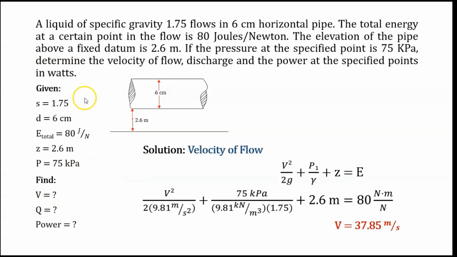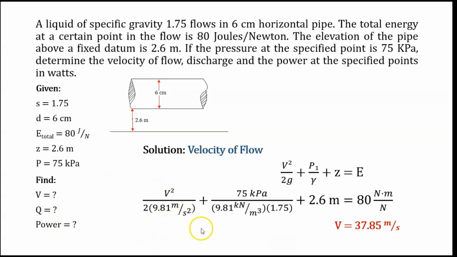So, plugging in the given values into our equation, we will now have v squared all over 2 multiplied by 9.81 meters per second squared as our acceleration due to gravity, plus 75 kilopascals all over the specific weight of our liquid, which we can get by multiplying the specific weight of water, 9.81 kilonewton per cubic meter, by the specific gravity 1.75, plus 2.6 meters as the elevation of our pipe above the datum, is equal to 80 joules per Newton, or 80 Newton meter all over Newton.